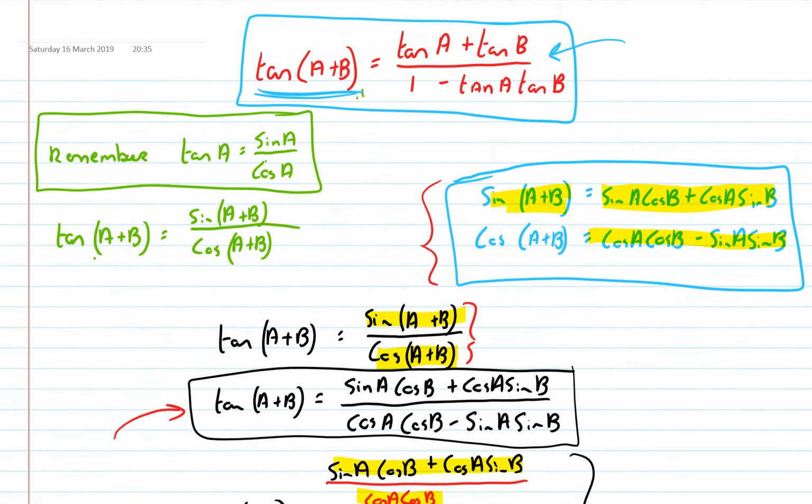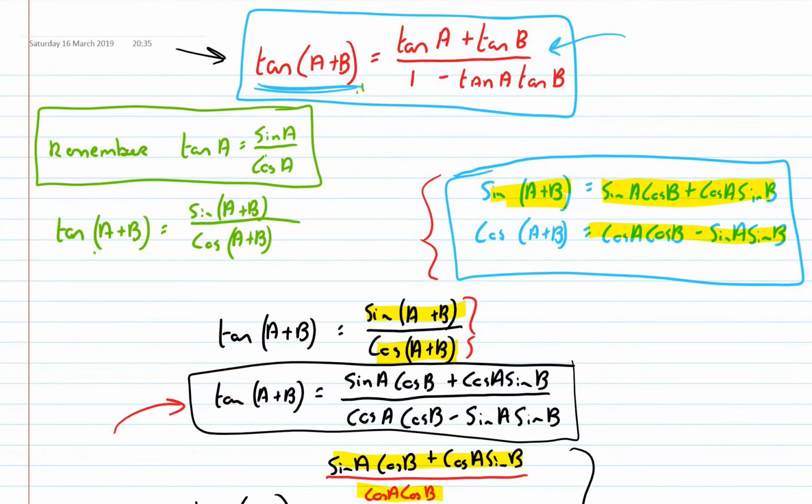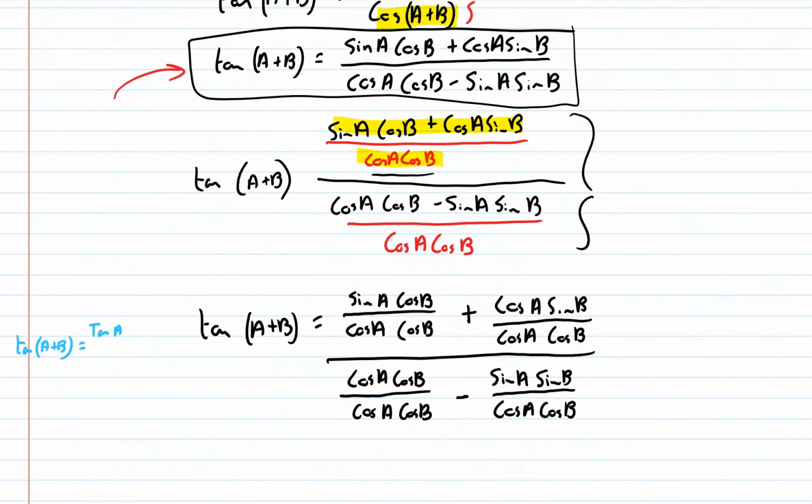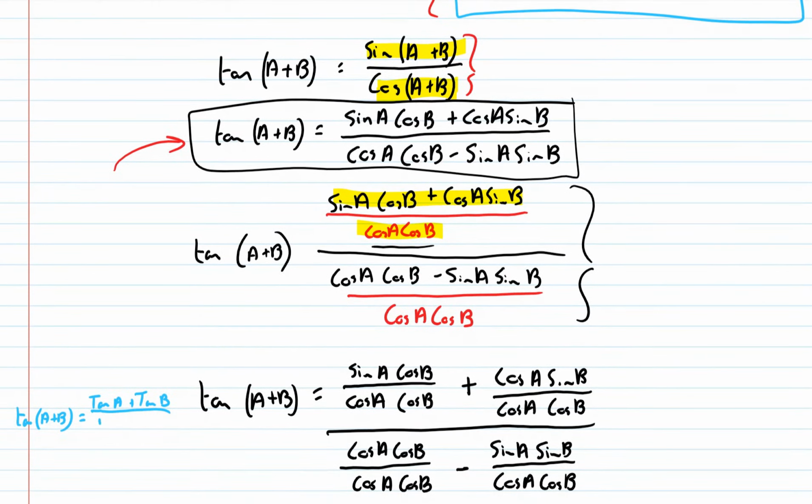Let's just see what I want this to look like. I want it to look like this: tan A plus tan B. So I'm just going to write here to the side what I want it to look like. tan(A + B) equals tan A, here we look back up, plus tan B, over 1 minus tan A tan B. So that's what I want this all to look like.